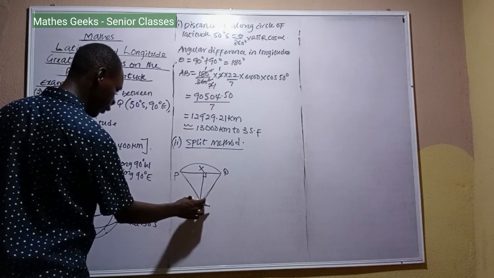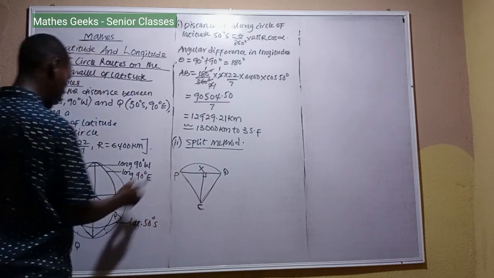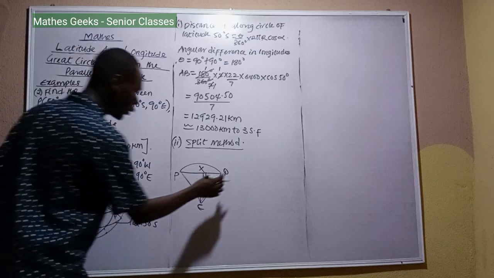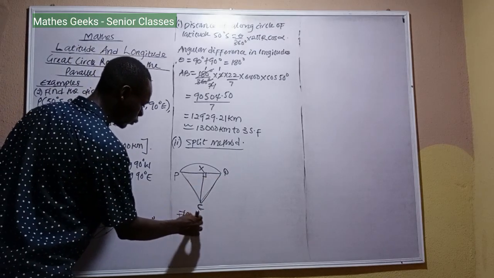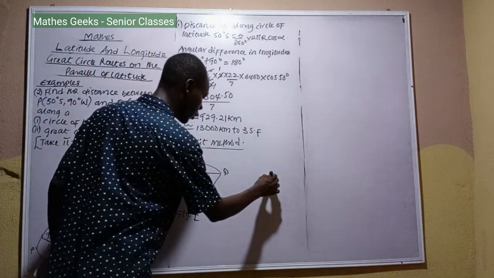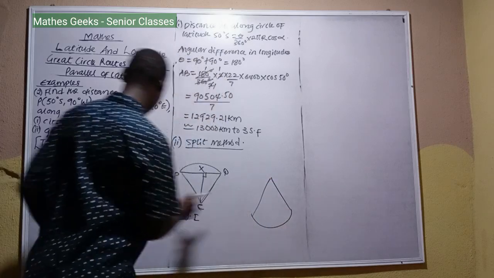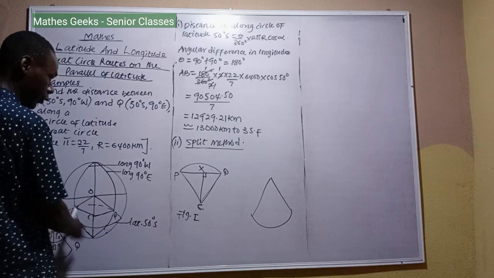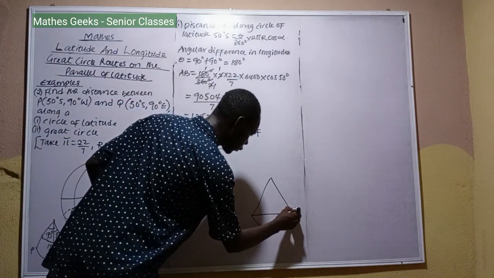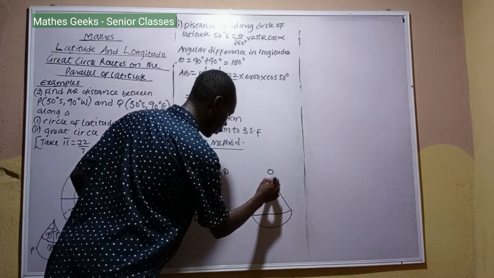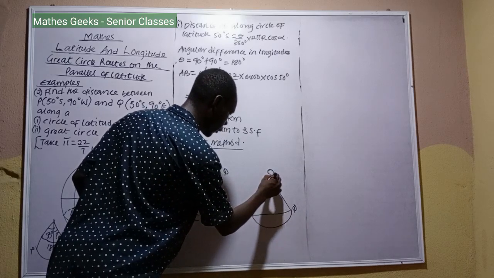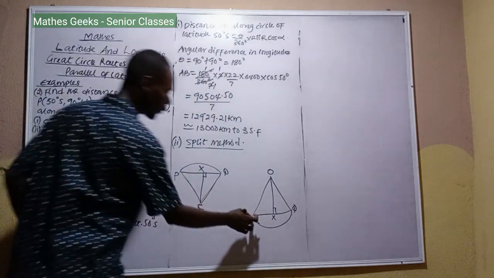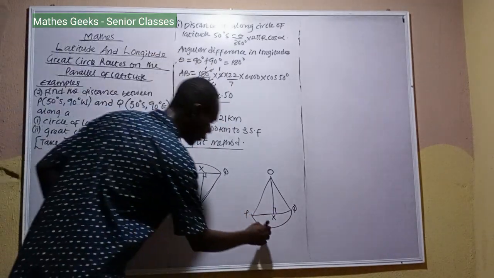This is the arc, P, and this is the center of the small circle. I'll call this figure 1. Our great circle route is like this, from the equator to PQ, the parallel of latitude. The center is O, PQ, and the perpendicular X, and this is what we are looking for. Let's call this figure 2.